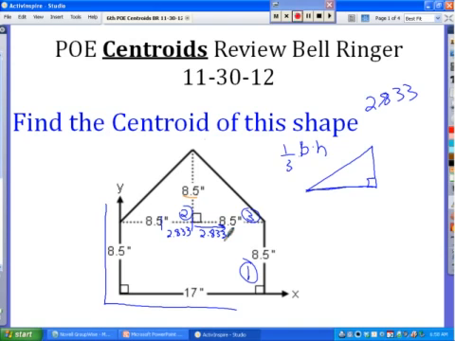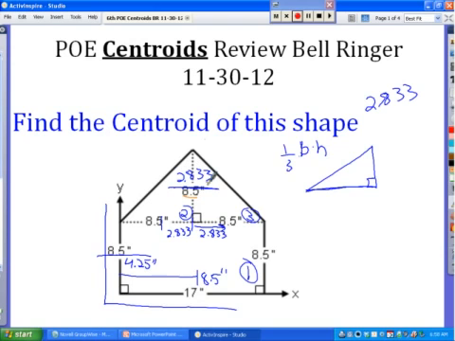The x portion of the large rectangle, my shape 1, is going to be half of 17 inches, so right at about 8.5 inches. The height for this one is going to be 4.25 inches. The height of the triangles for both of them is going to be right here at 2.833.